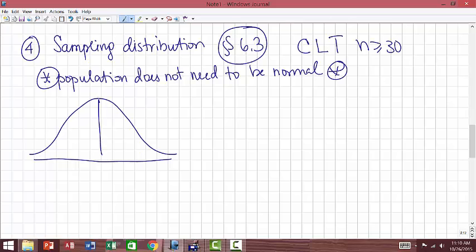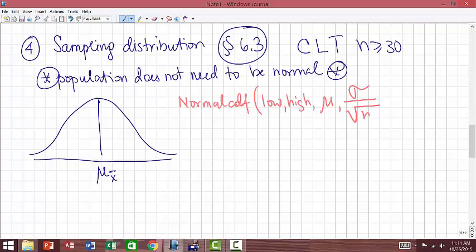Now here you're going to have your mean sitting over here, but now this is a sample mean, right? And the commands are exactly the same as before. You will have normal CDF, low, high, mean, and now the only difference is going to be sigma divided by square root of n.